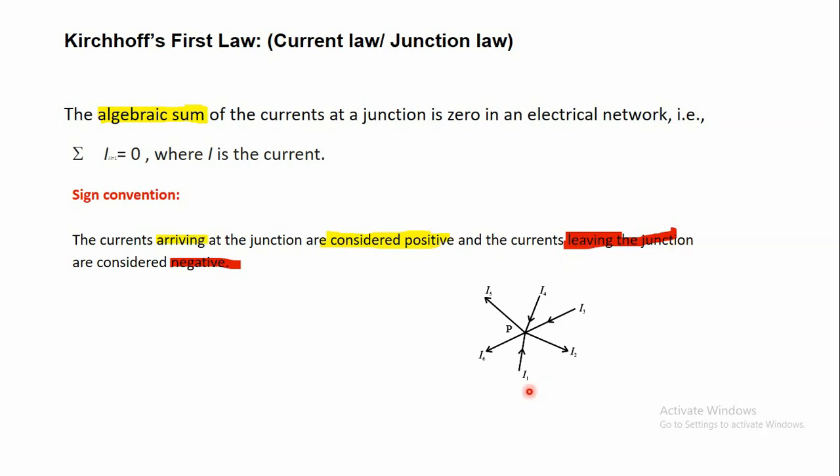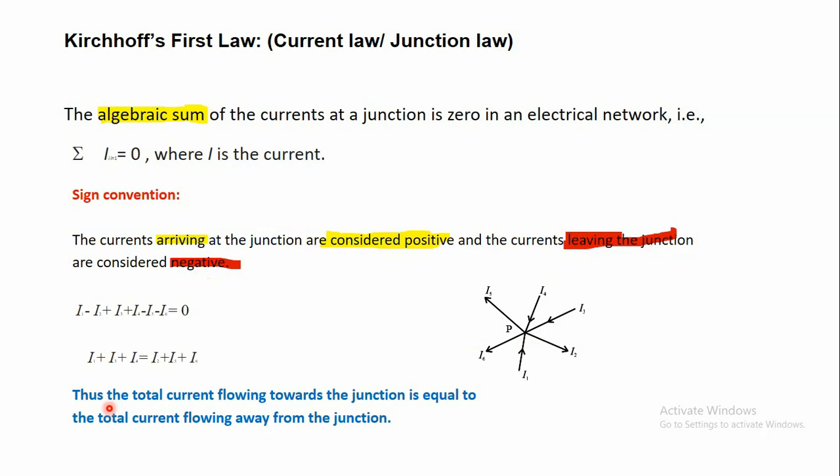So you see here I1 is arriving at the junction, so I1 will be positive. I2 is leaving the junction, so I2 will be negative. I3 is arriving at the junction, I3 will be positive. I4 is arriving at the junction, I4 will be positive. I5 is leaving the junction, negative. I6 is leaving the junction, so leaving the junction is negative.